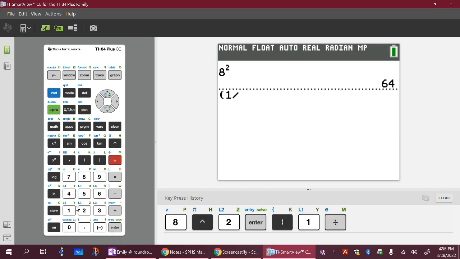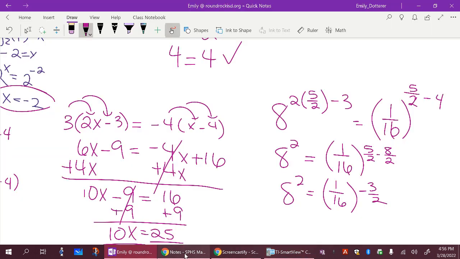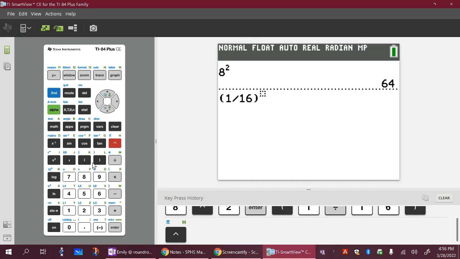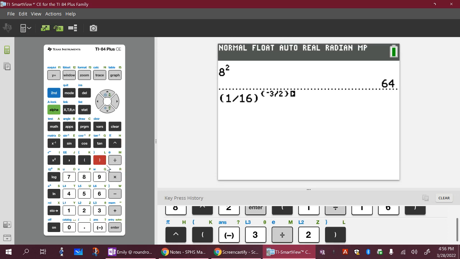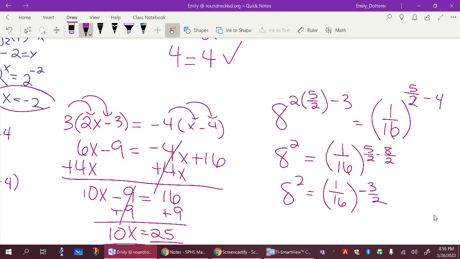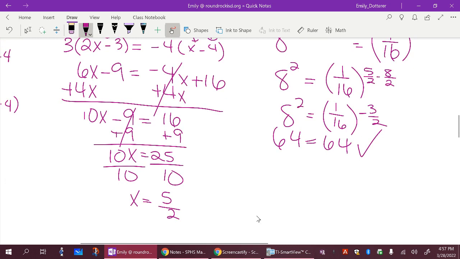And 1 over 16 to the negative 3 halves is also 64. So 64 equals 64, which means that 5 halves is our final answer.